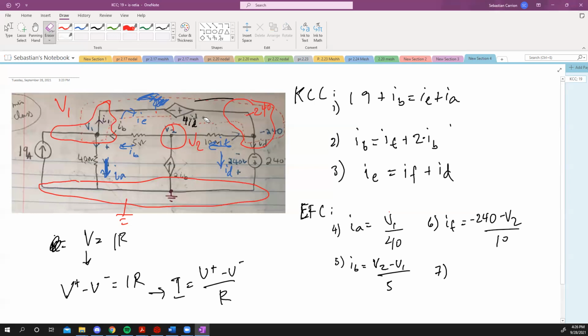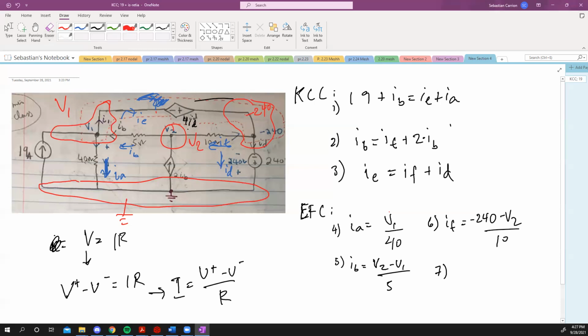So basically negative 240 minus V1 equals 4 times ID. Does that make sense? Oh, okay, sorry, because I was thinking you can't do negative 240 minus V1 over 4ID because that's not a resistor. No, okay.